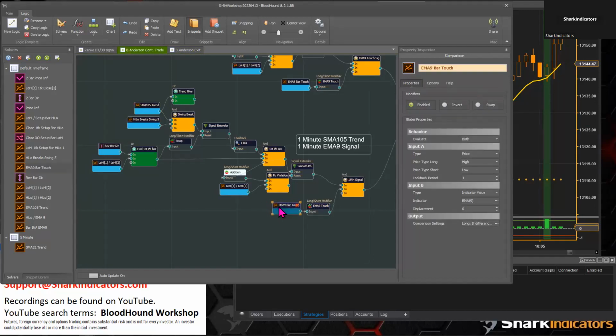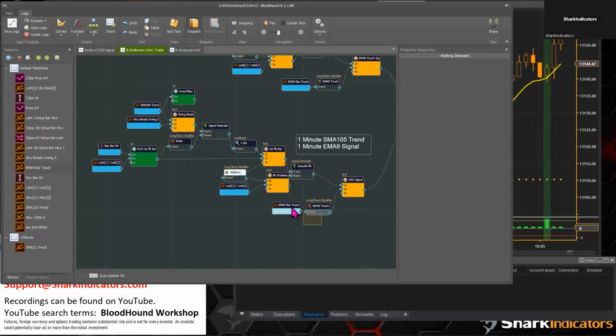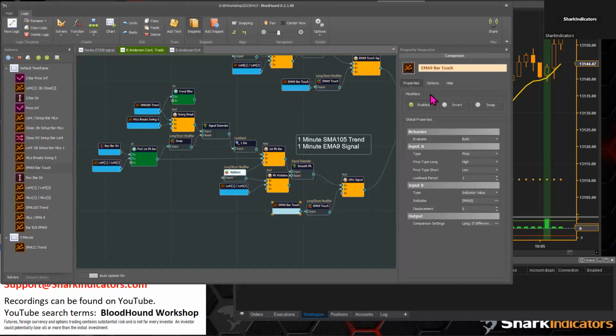All right, so again, the key components here, as I understand it, are which moving average you are looking for, price to touch or the bar to touch, and also what your trend filter is here, which SMA you are looking at as your trend filter.